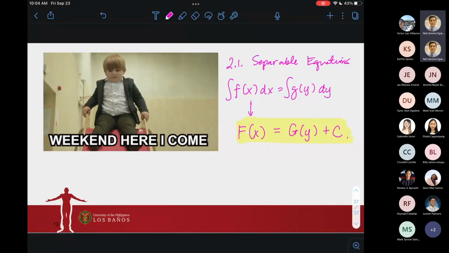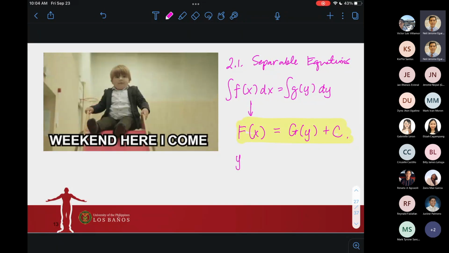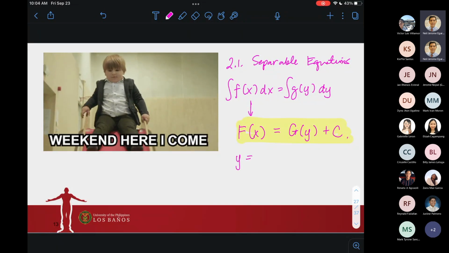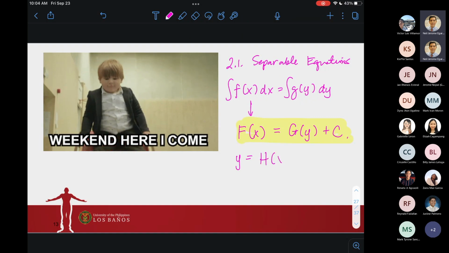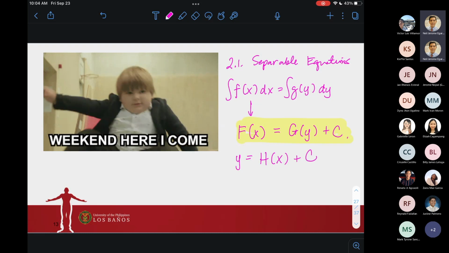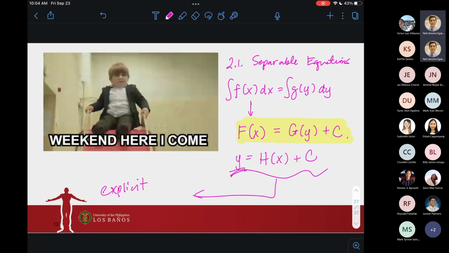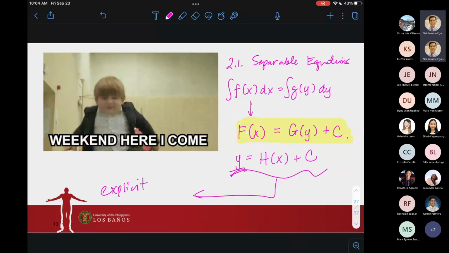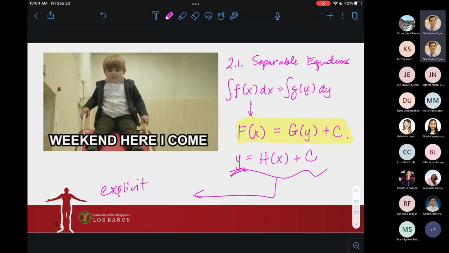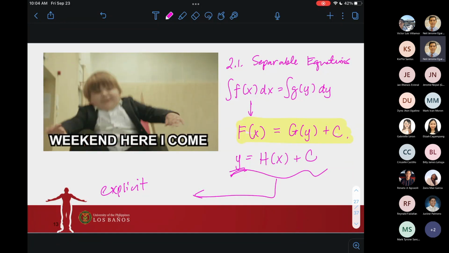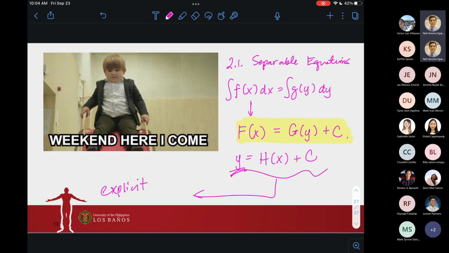Meaning you try your best to isolate y on one side and give, say, a function of purely x. So probably this could be, say, h of x plus your arbitrary constant c. So this is what we call an explicit form for the solution, because the variable y, which is the dependent variable we're looking for, ay nakasulat explicitly in terms of the independent variable and the parameters. All right? Pero kung hindi talaga kaya, then you leave your answers like this.